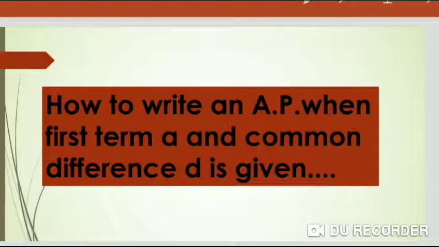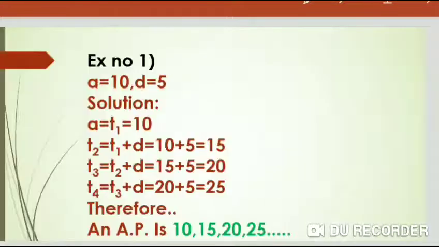Now see students, in another session we have to learn how to write an AP when the first term, that means A, and the common difference, that means D, are given. Now take the example.